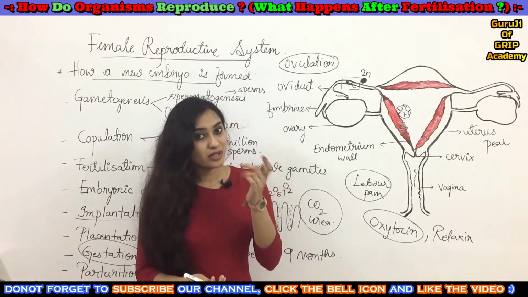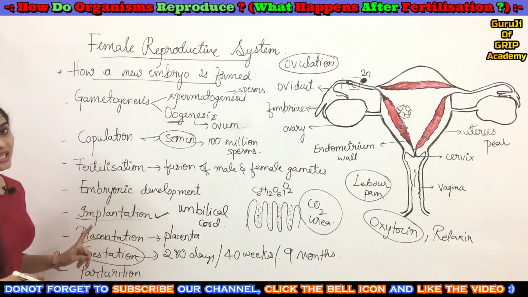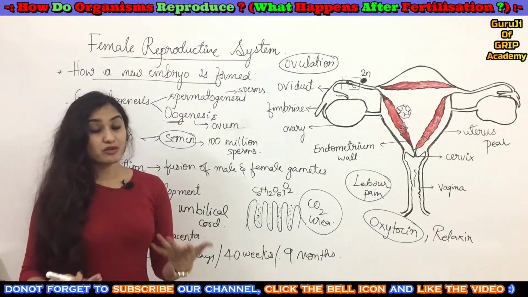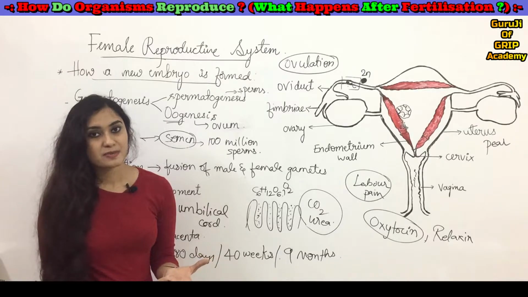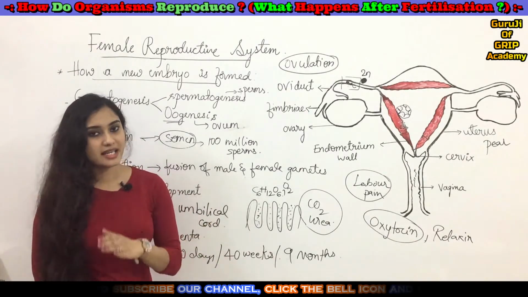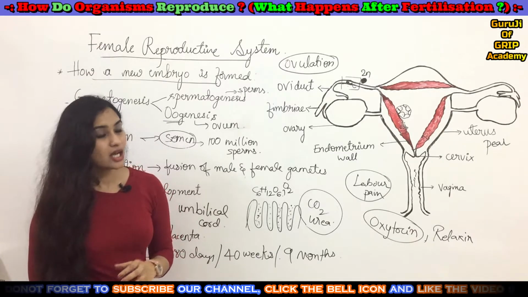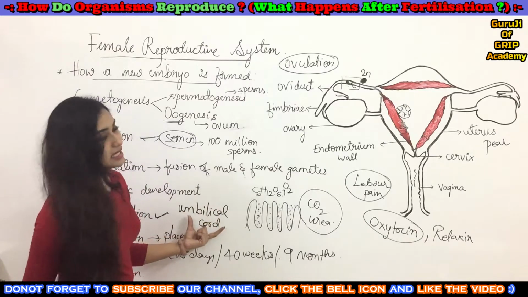I told you before, while explaining placentation, correct? With the help of a special tissue called the placenta, nutrient materials and unwanted materials are exchanged between the mother's blood and the growing embryo. How will it be connected? With the help of this umbilical cord itself.